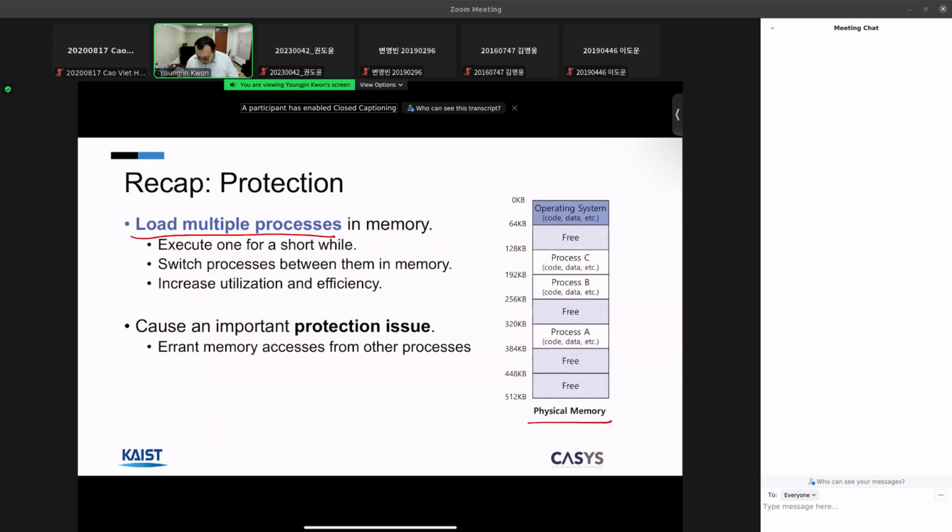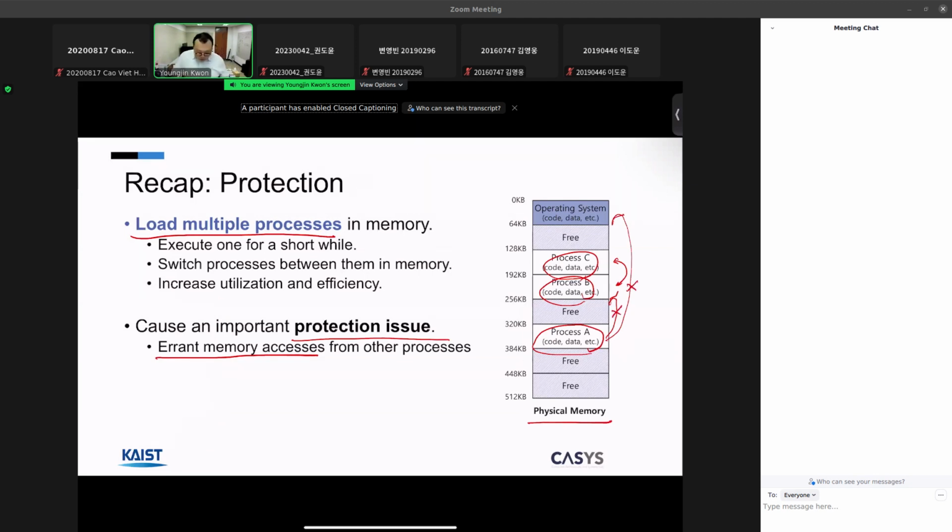Without protection in the physical memory, if the operating system loads multiple processes in the same physical memory, they are not protected from each other. Therefore, this causes the serious protection issue we talked about: illegal memory access from other processes, which means a process can read and modify the code and data of other processes, and also the operating system. So this should be protected.